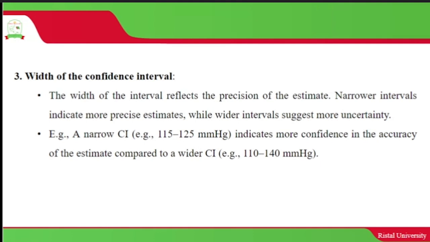For example, 115 to 125 is a narrow confidence interval and it indicates more confidence in the accuracy of the estimate compared to this 110 to 140. You see, there is a big difference.